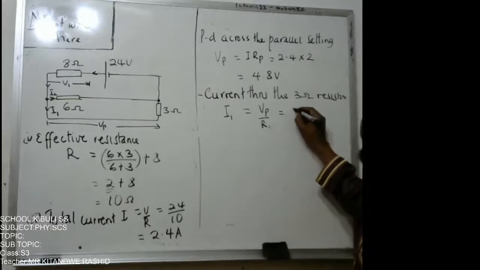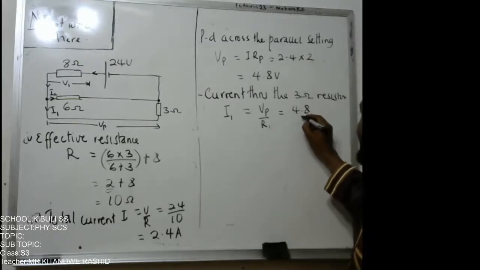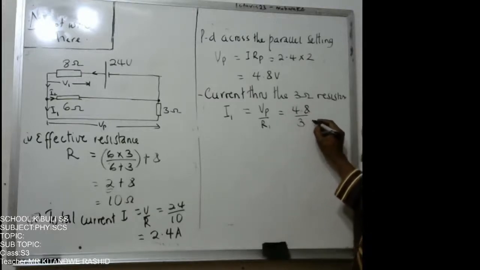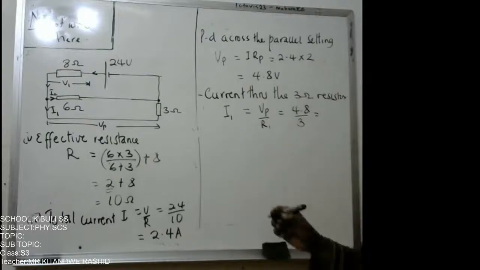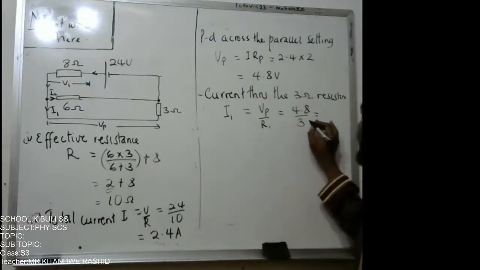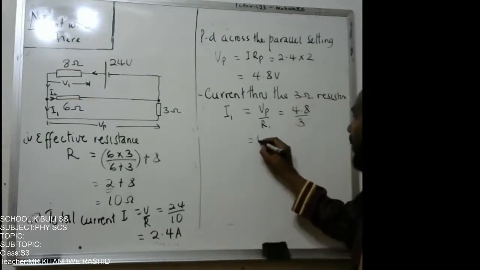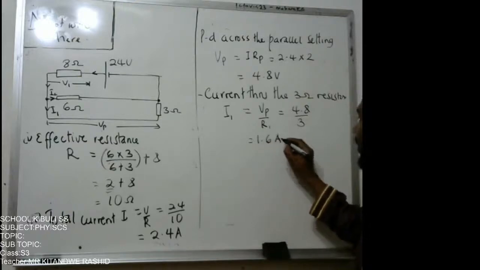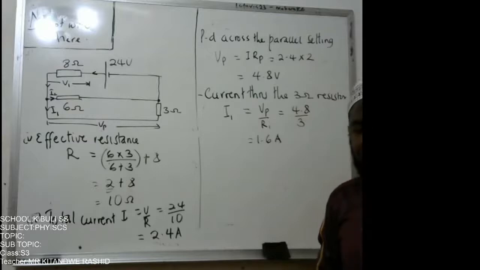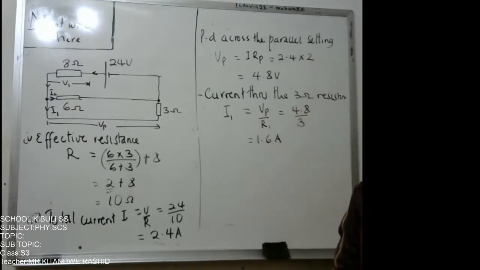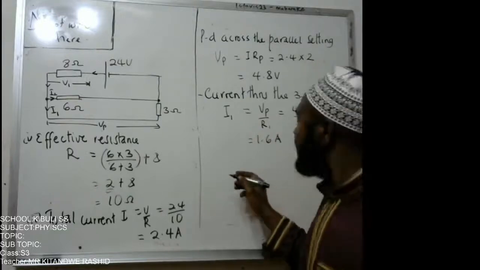So that is going to be equal to 4.8 divided by 3. And 4.8 divided by 3, what do you get? 1.6 amperes. Isn't that the answer we get? Yeah? That is the answer. Yes, it was 1.6.